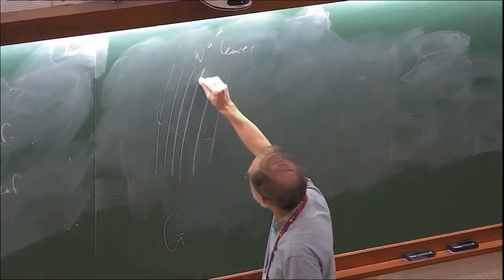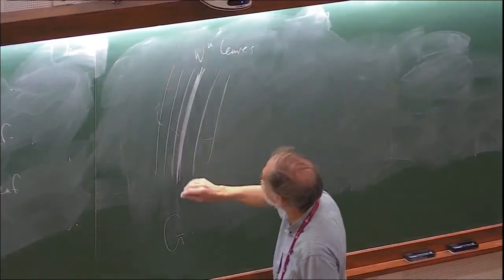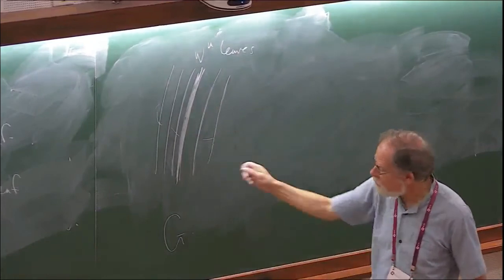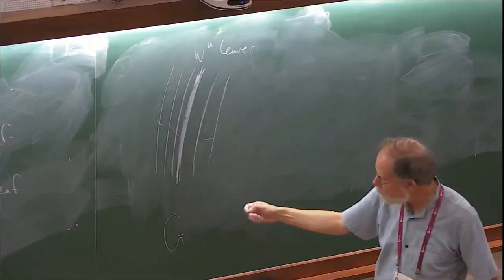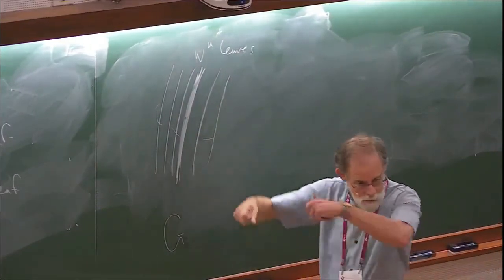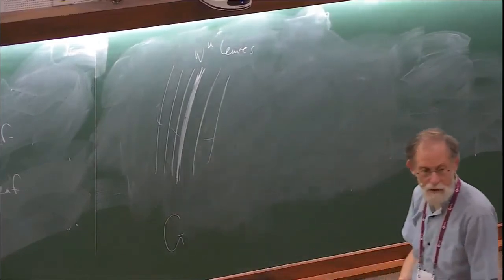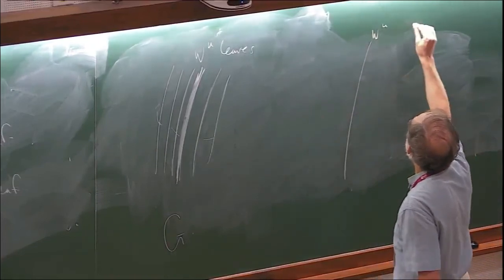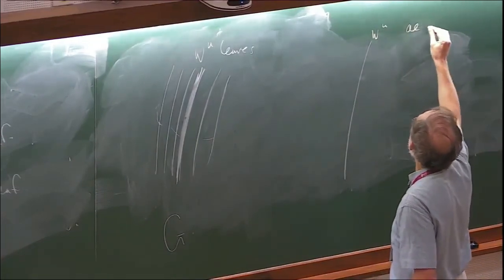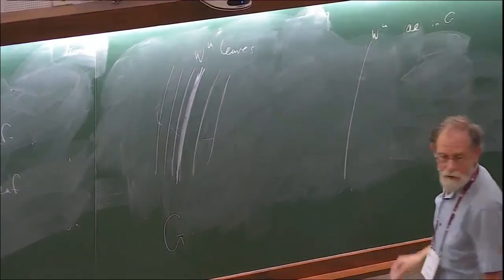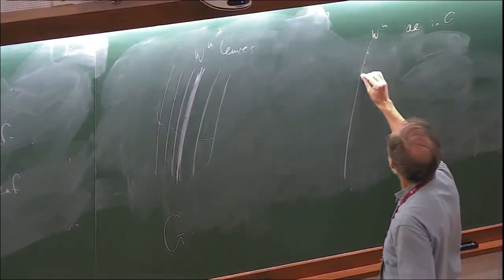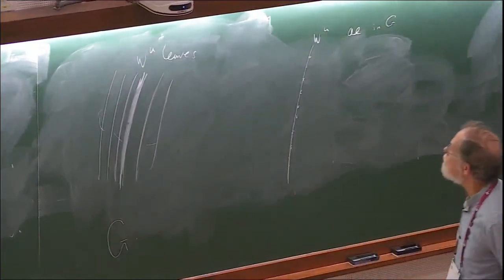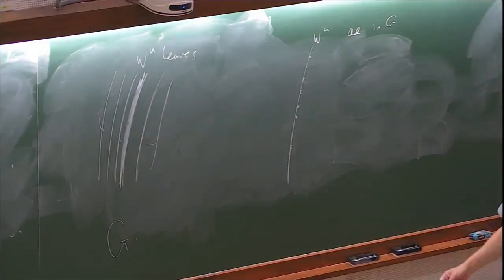That will allow me to find a WU leaf in which almost every point belongs to G. In fact, virtually almost all WU leaves have almost all points in them in G. So I take a leaf almost entirely in G. I've got all these points on it which belong to G.